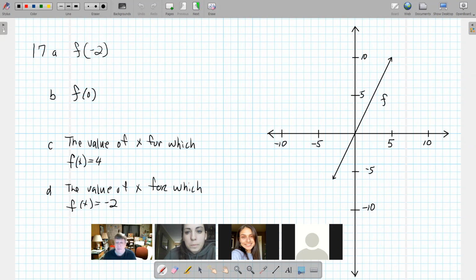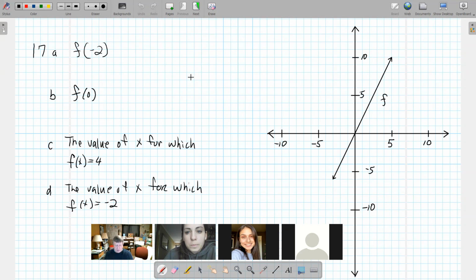So, all right. What we're going to do now is deal with function notation and look at values on the graph and interpret and find them. Okay, so this problem says they want us to find f of negative 2. Over on the right side, we have the graph of f.